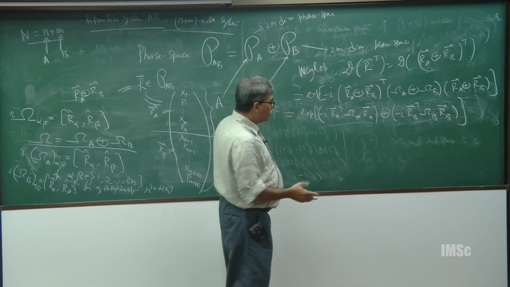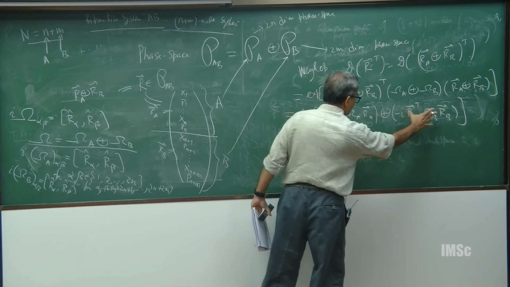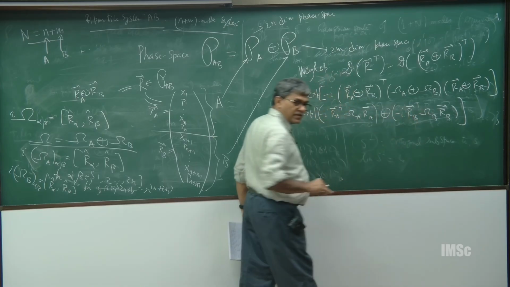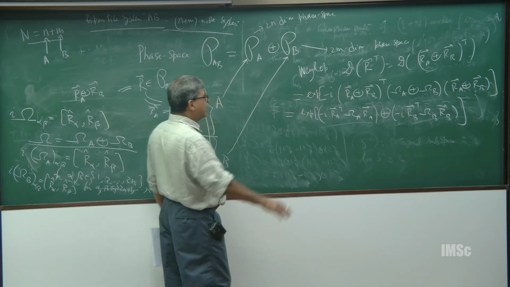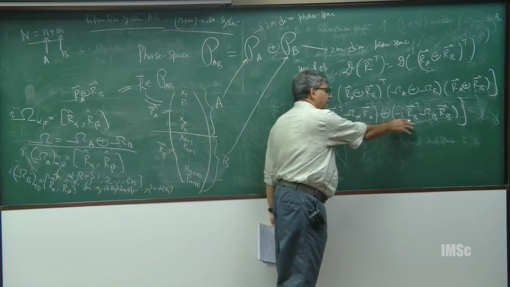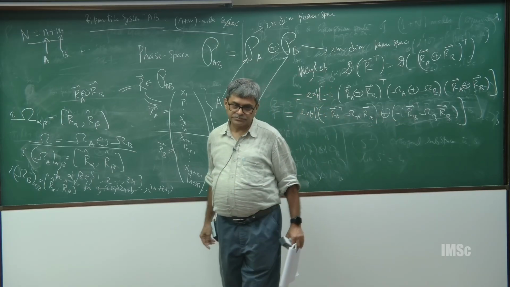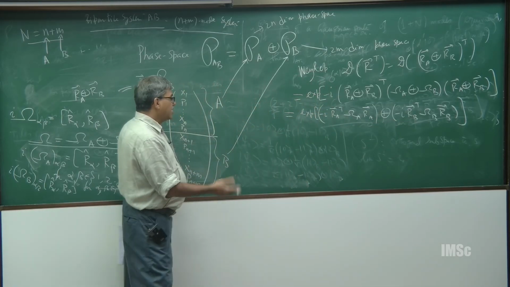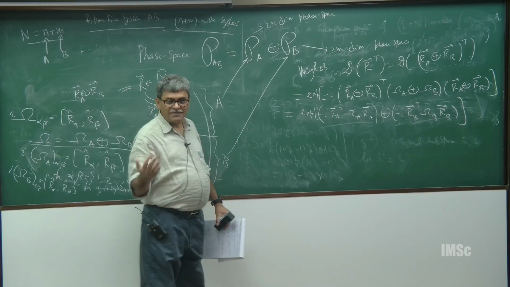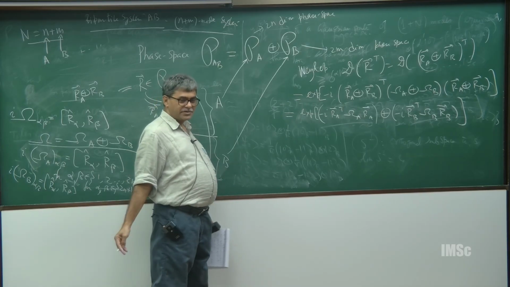Now, of course, these are commuting operators, and they are acting indeed on different subsystems. So therefore, even if you write as product, it is effectively tensor product, right.